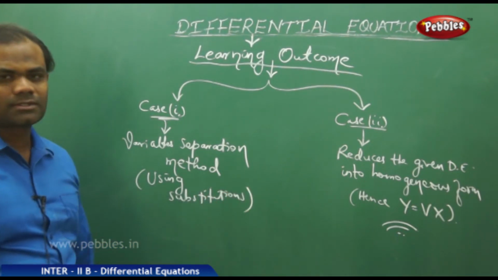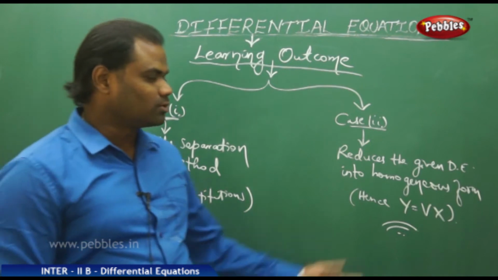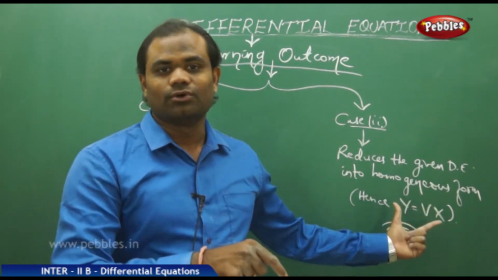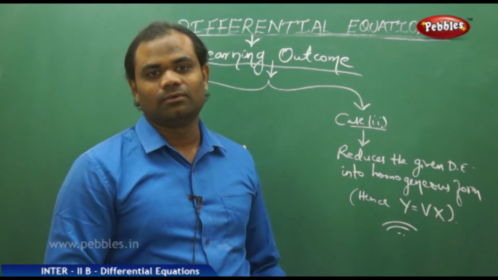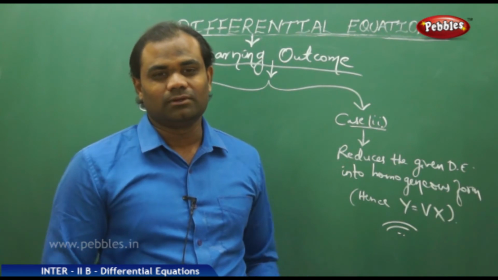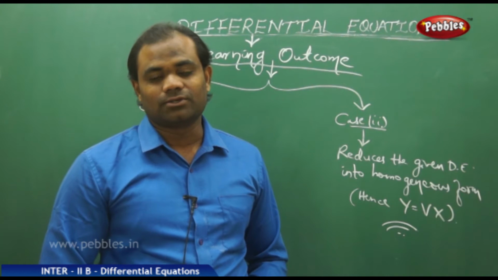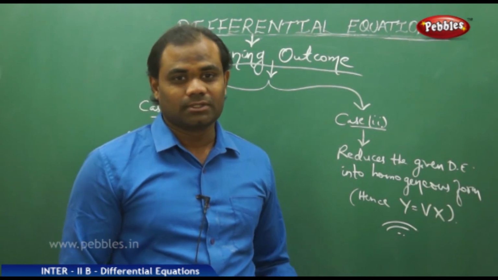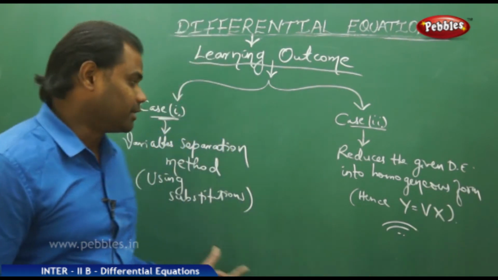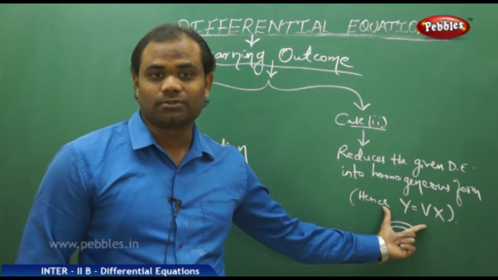Case 1 involves substitutions, case 2 involves reduction to homogeneous form. Is how we get the learning outcome of solving using the method 3, the solving of non-homogeneous differential equation with case 1 and case 2.